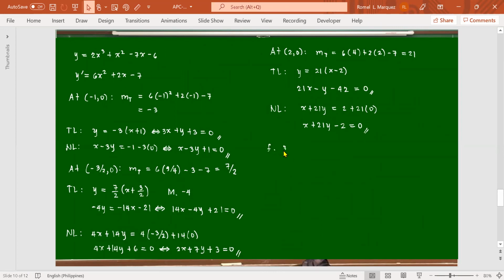We have 3x squared, so it means we are going to have implicit differentiation.